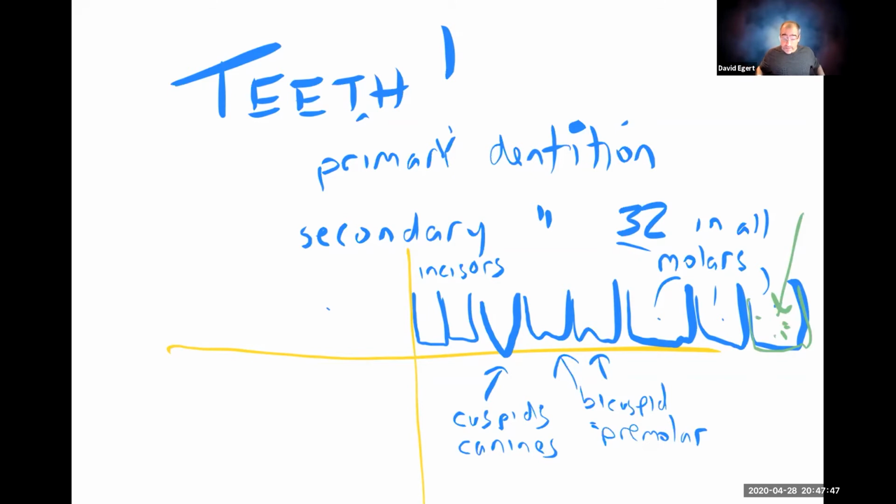If you look at different animals, their teeth are optimized for what they eat. A cat's teeth are basically all sharp little ripping teeth. They don't have any grinding teeth like molars.